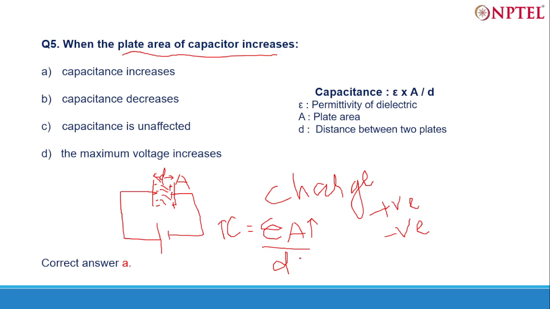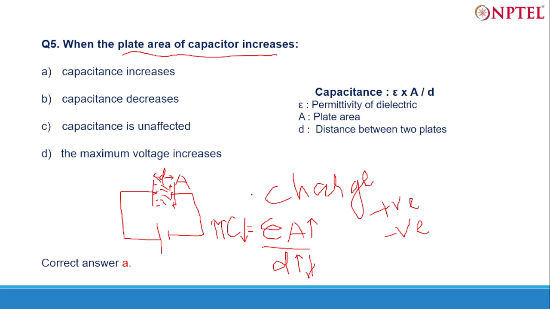And what happens if we increase the distance between these two plates? Anyone? Yes, the capacitance will go down because it is inversely proportional. So if we decrease the distance, the capacitance will increase. That's how capacitance is actually varied.